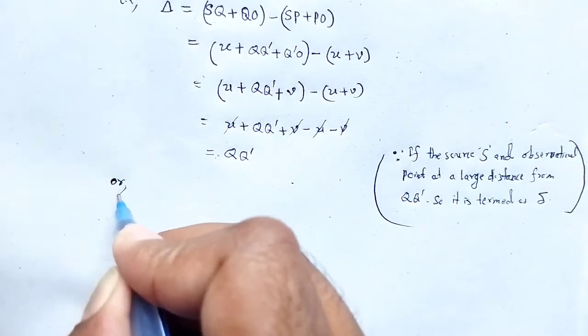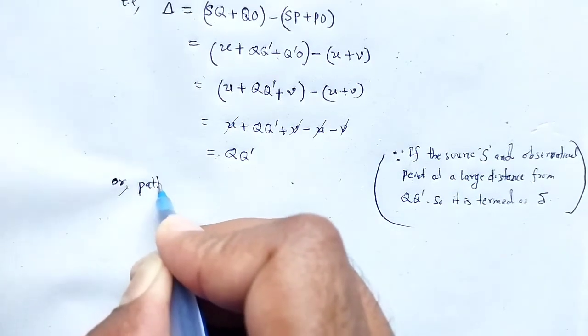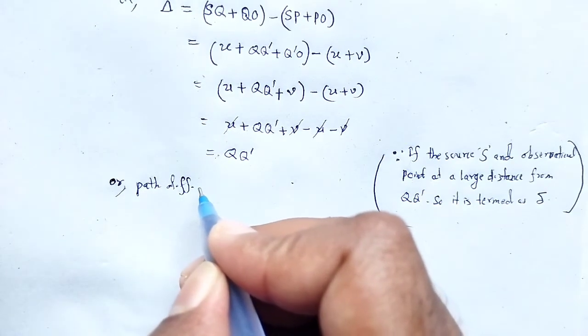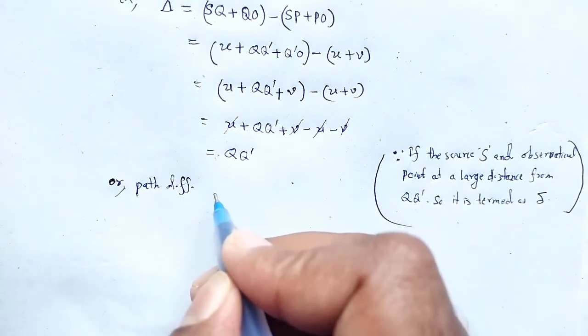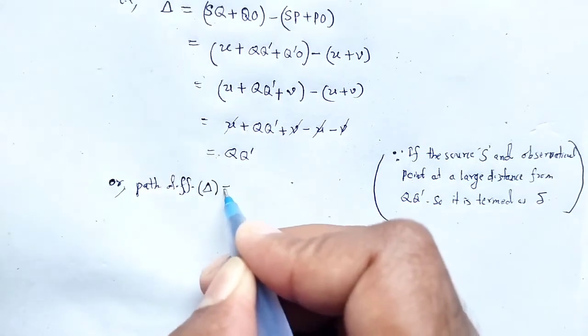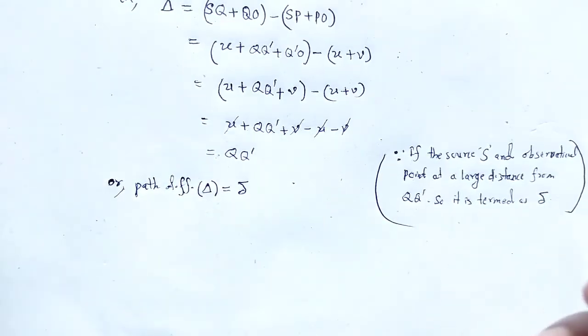So we have the path difference delta equal to a very small distance.